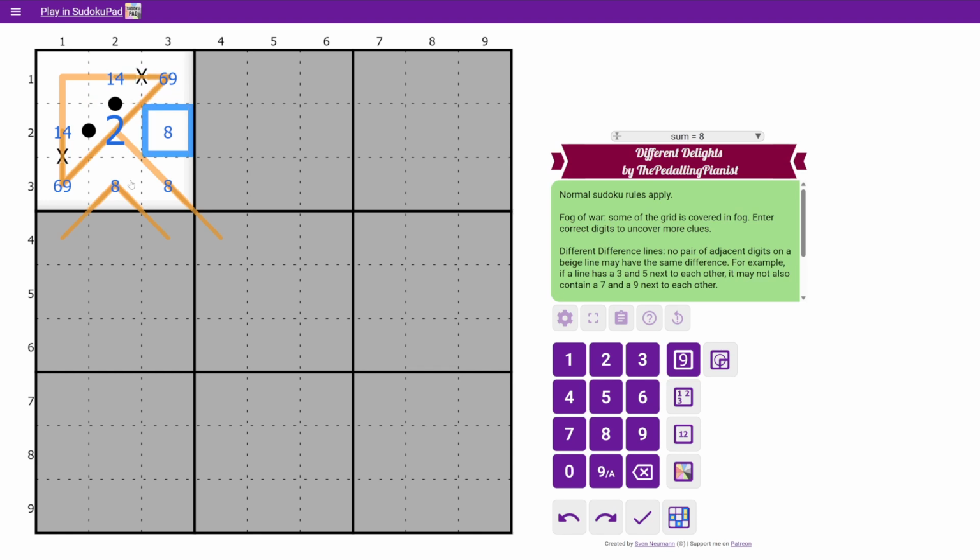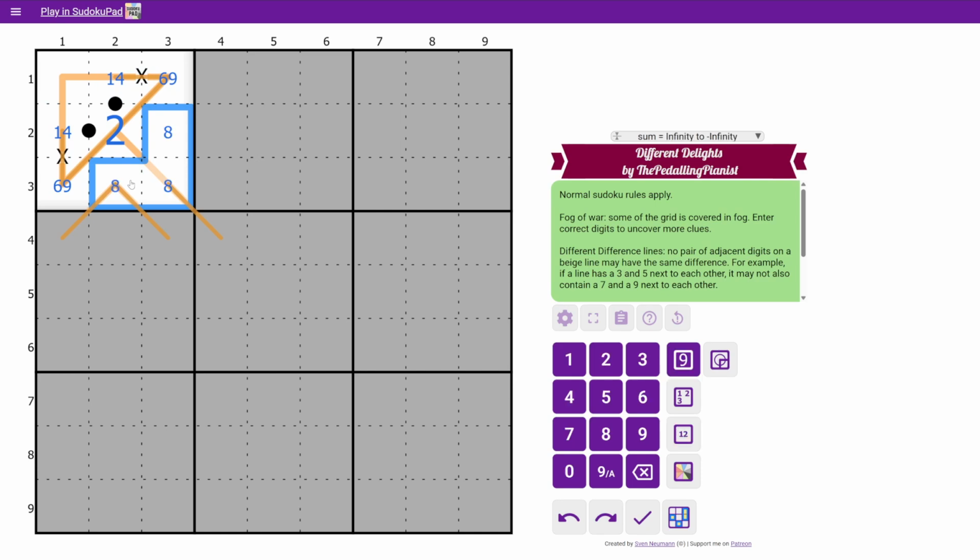Oh, wait a minute. It could totally be. We can't have a difference of 8, and we can't have a difference of 2. We can't have a difference of 4, and we can't have a difference of 7. Oh, so that is right.